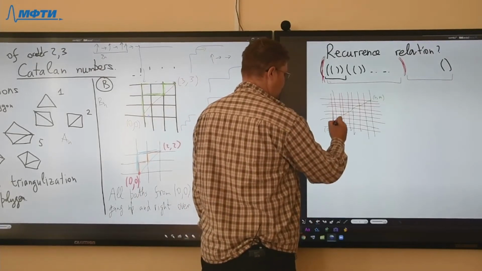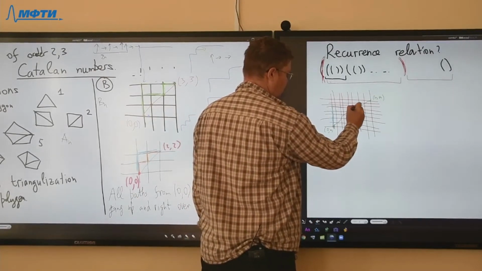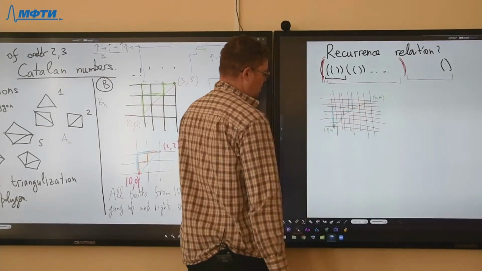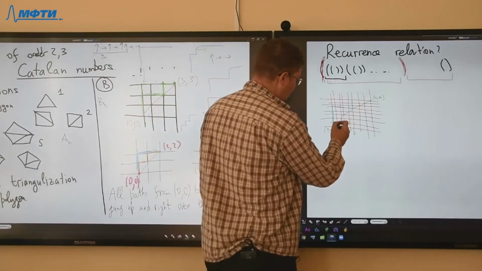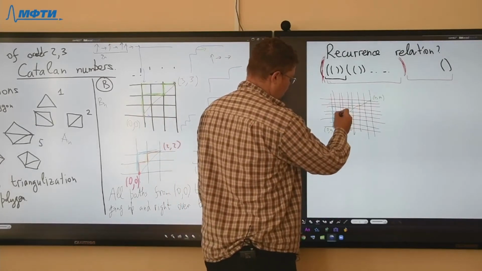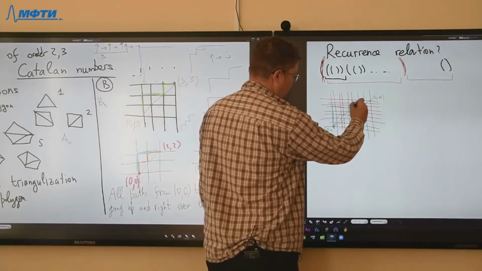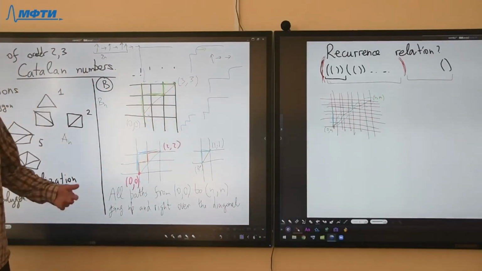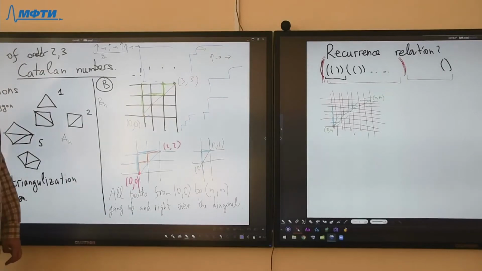So it starts from here, and somewhere will be the first time it will be intersecting the diagonal, and then I can look at something like this path, and this, and they will also be paths from 0, 0 to n, n over the diagonal.